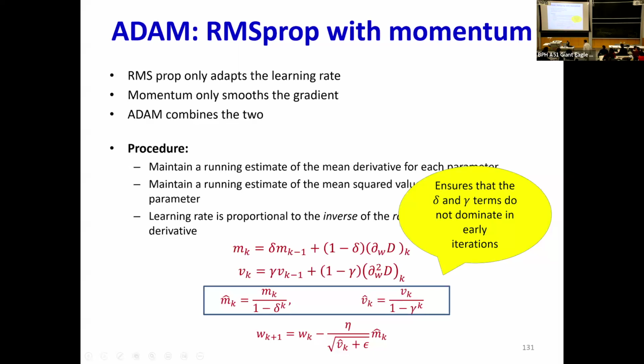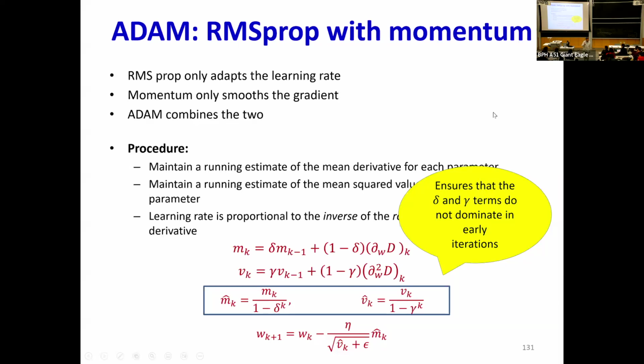So this term over here, this denominator, is to ensure that in the early iterations, you actually respond quickly to the derivatives and the squared derivatives, and then only later on things become more stable. But the basic idea remains the same: you're using a running average of the derivative on the one hand and a running average of the squared derivative on the other hand.